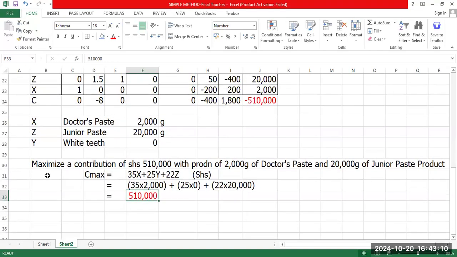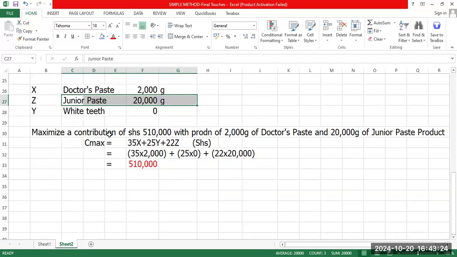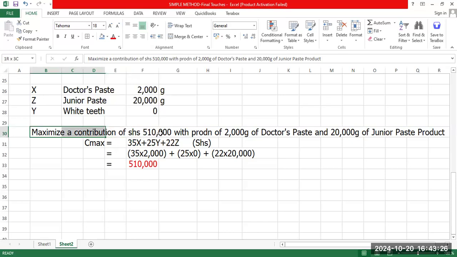They should not divest junior paste. Instead, they should hold on to produce white teeth product since they will be in a position to maximize a contribution of shillings 510,000.